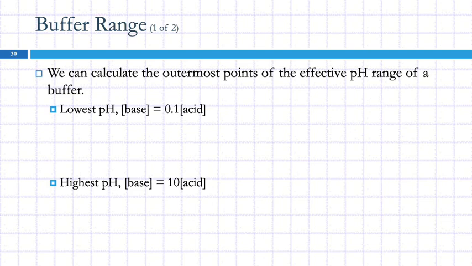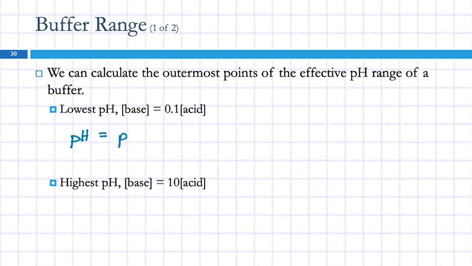So a buffer will have an effective range. The lowest pH will be when the base is 1/10 of the acid concentration. And so when we do that, what's the pH there?